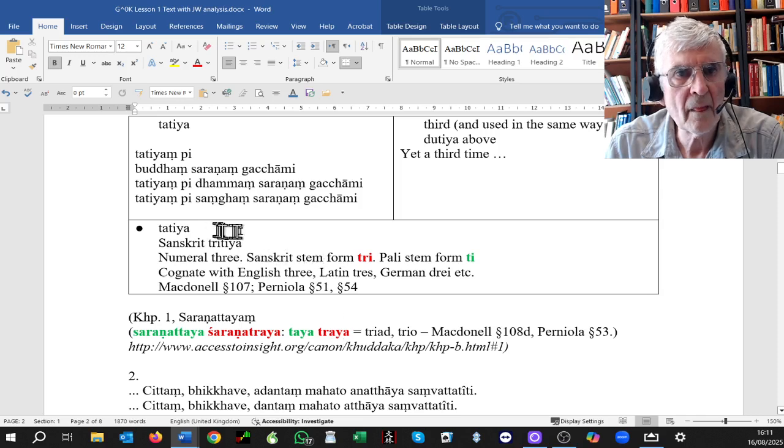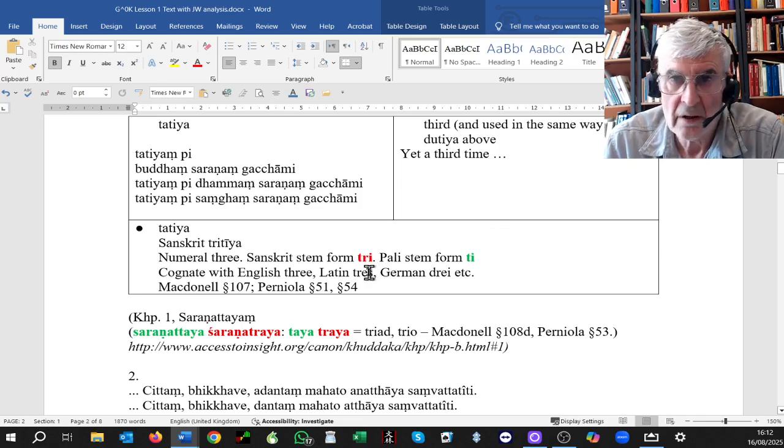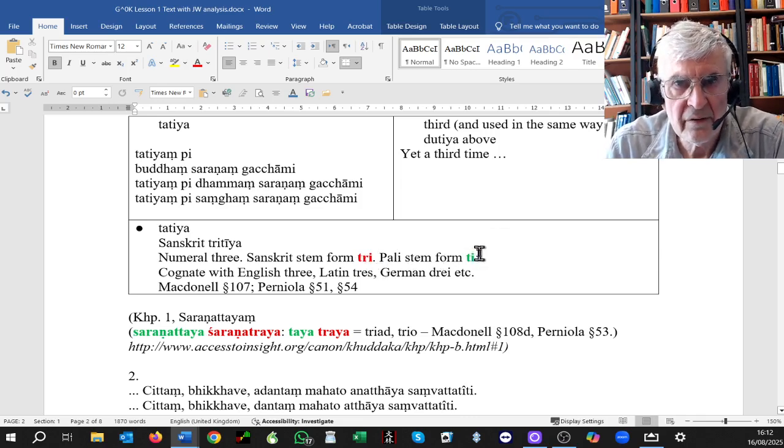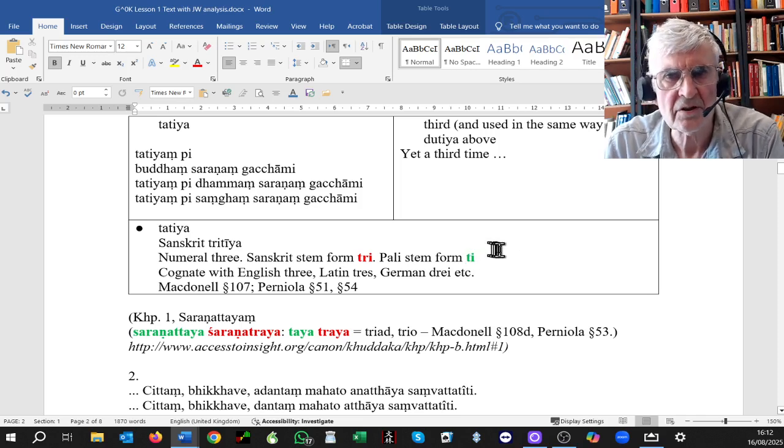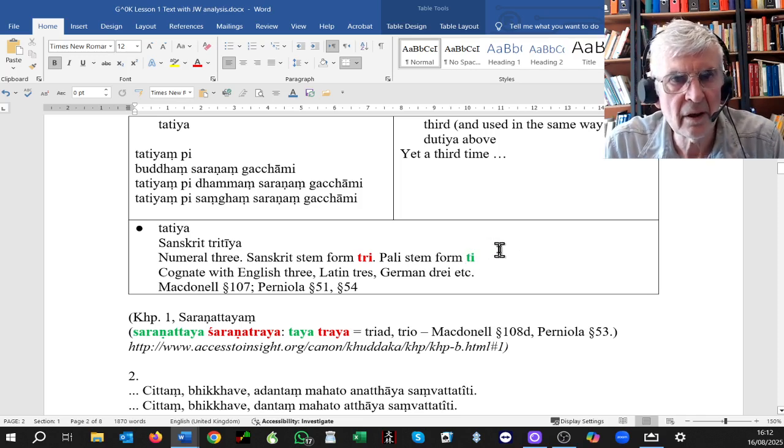The tatiya, Sanskrit tritiya, which you can see is cognate with our English word third. So the tri is the same as our English word three, and by standard phonetic mutation that becomes a ti in Pali, and the Sanskrit adjective tritiya, third, becomes tatiya in Pali.